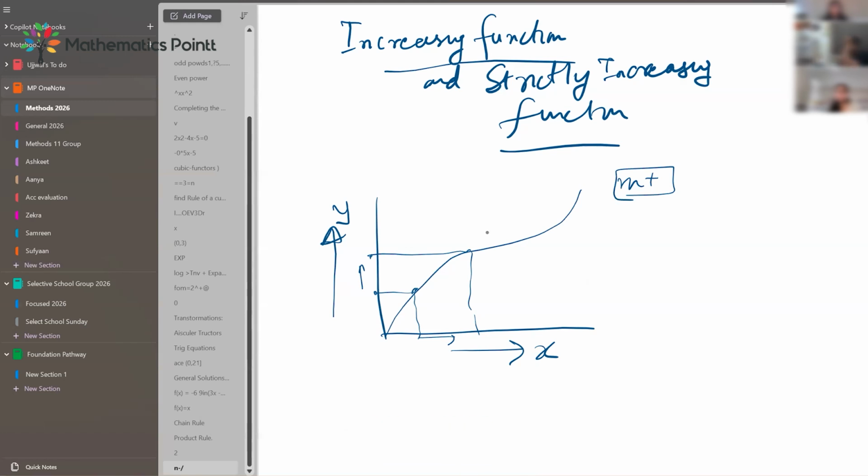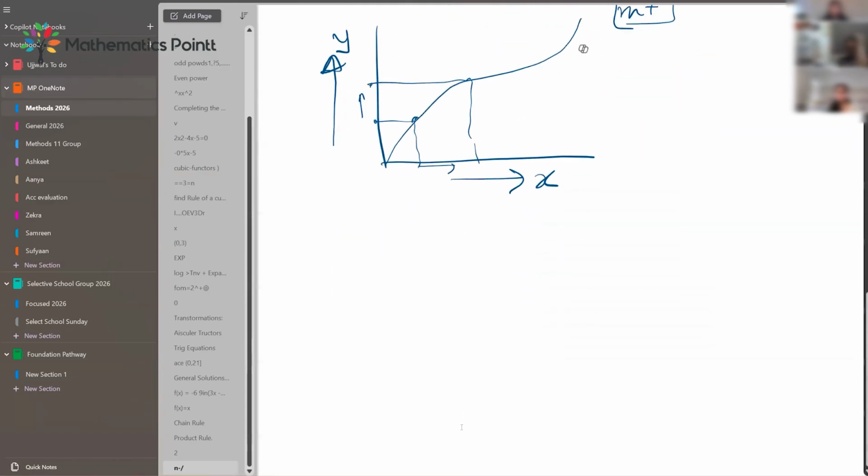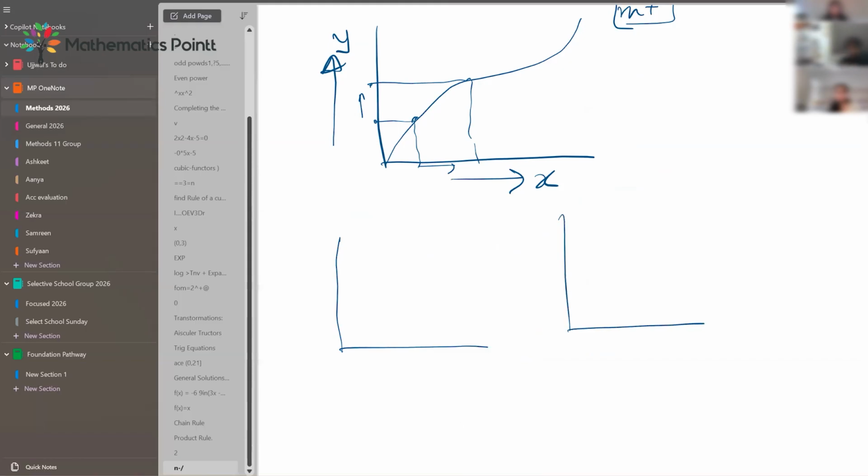Now, what is a strictly increasing function? If I draw two graphs again, both of them are increasing functions. As x increases, y increases. Similarly here.